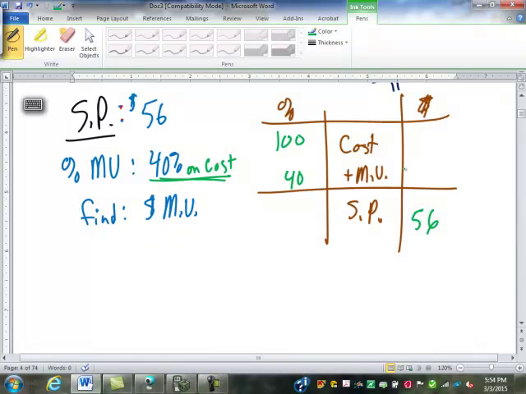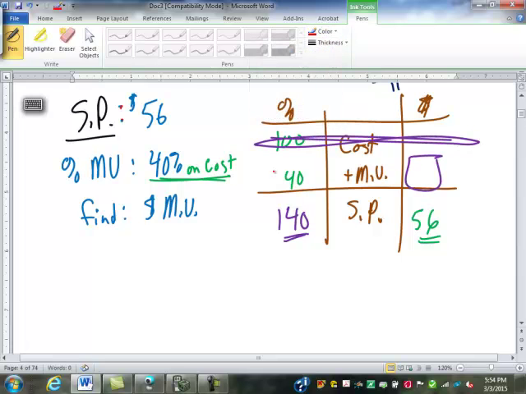So your table should have started out looking something like this, with the 56 for the selling price. What would go here? 140, and we're looking for this number because we don't need the top row. So this would be 40 times 56 divided by 140, otherwise known as $16.